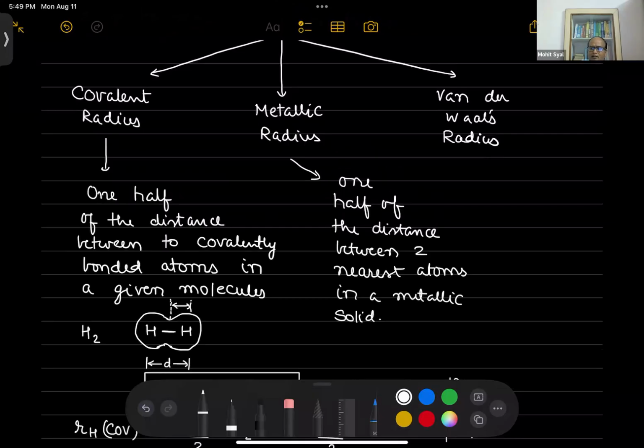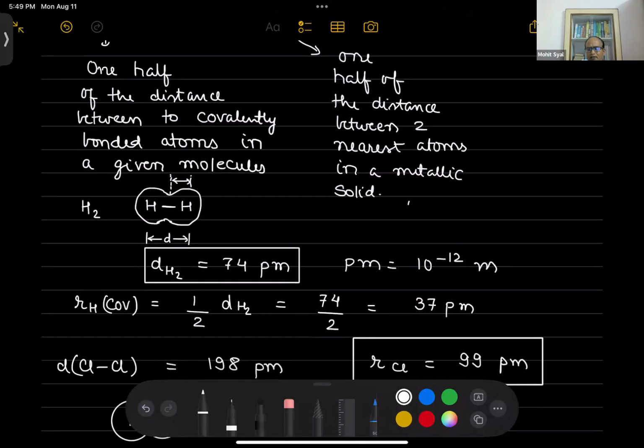So if you take a metallic solid, the nearest atoms, this is the distance. You divide it by two. When you divide it by two, you will get the idea of the size of one atom. Is it clear or not?